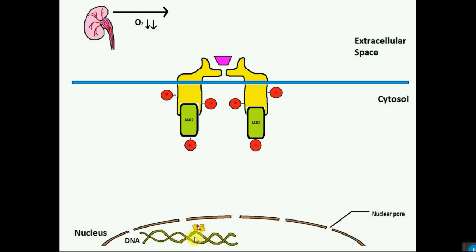The STAT5 homodimer along with other proteins will activate the specific gene responsible for erythrocyte production, and now the transcription will occur, and after transcription mRNAs or messenger RNAs are produced, and these mRNAs will form different proteins to produce a physiological effect. Thank you.